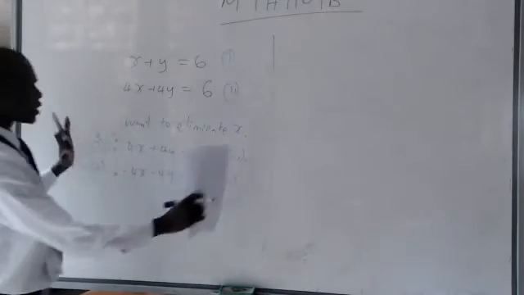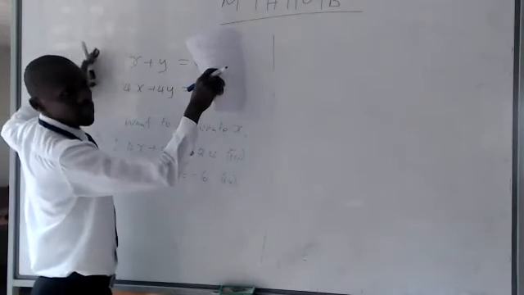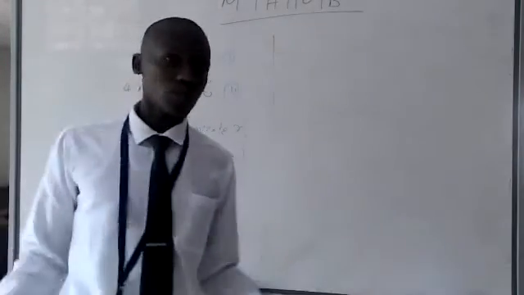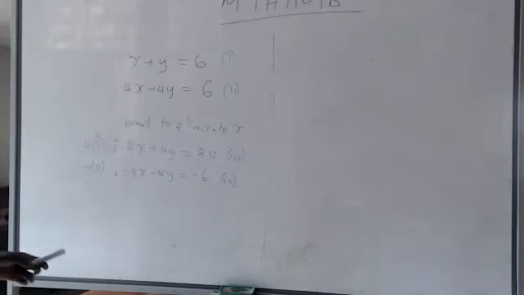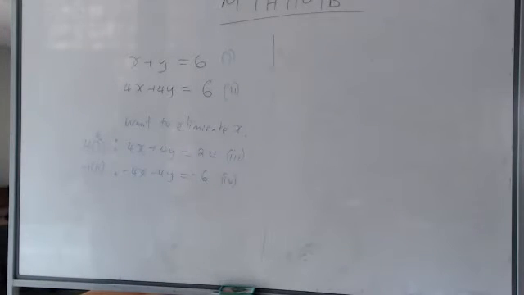So we expect that a solution to this system will be the same solution to this system, in case there is a solution. Because by now you should know that not all equations have solutions. There are so many equations that do not have solutions.